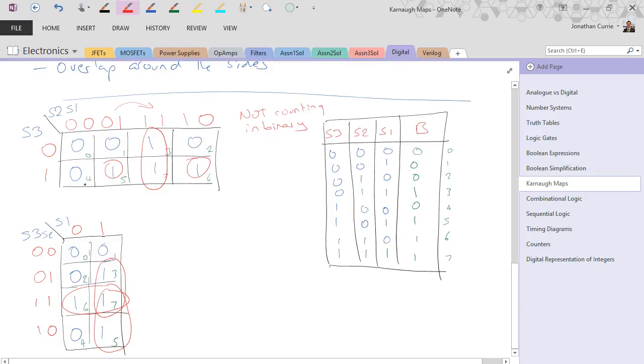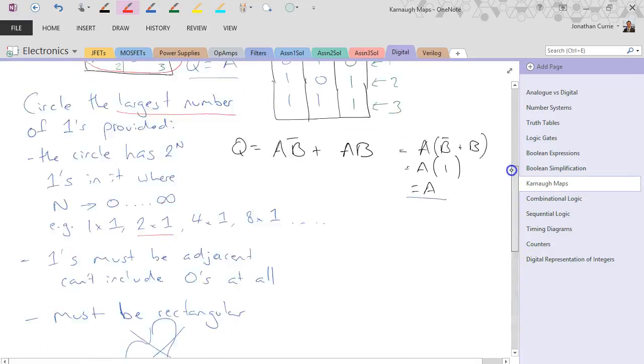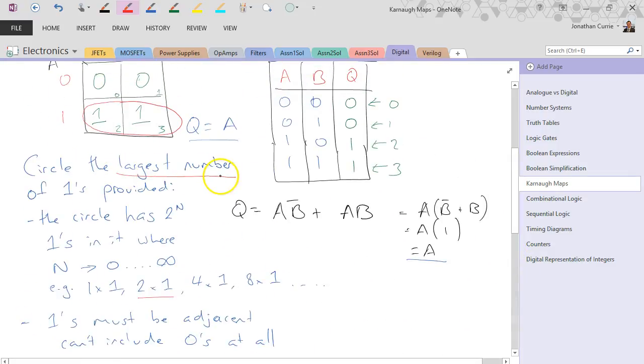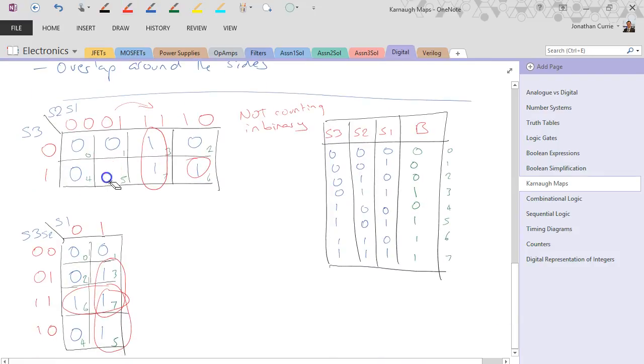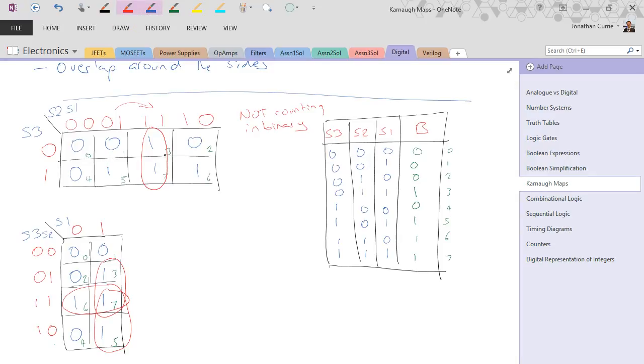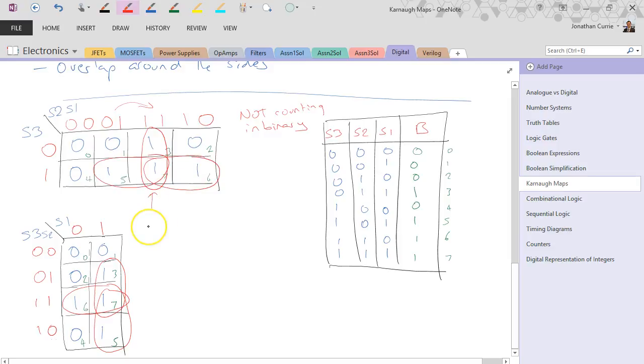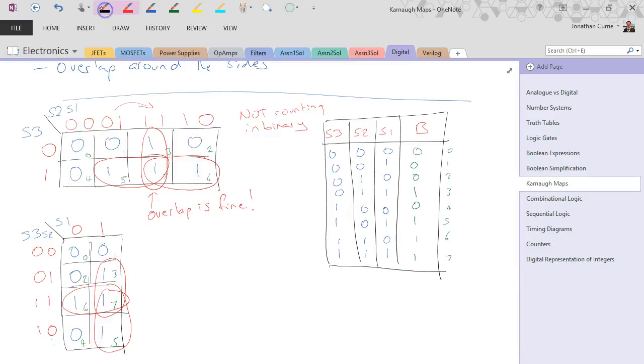You will not get the fully simplified version if you do that. You are always going for, remember, the largest number of ones, provided you can meet those other rules. So we go for groups of 2 where possible, even with an overlap, that's fine. Overlap is fine, no problem.